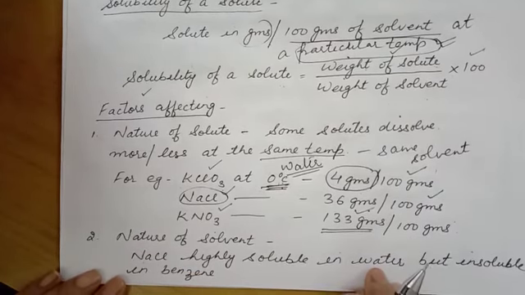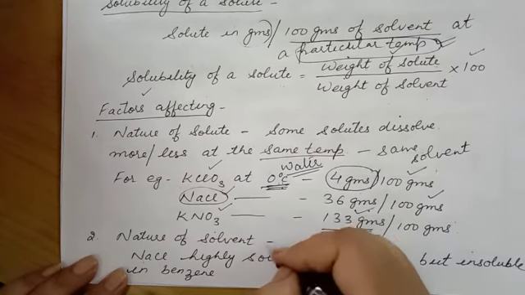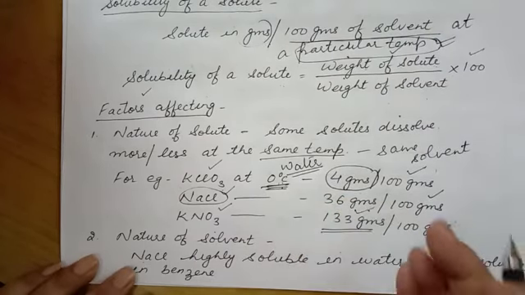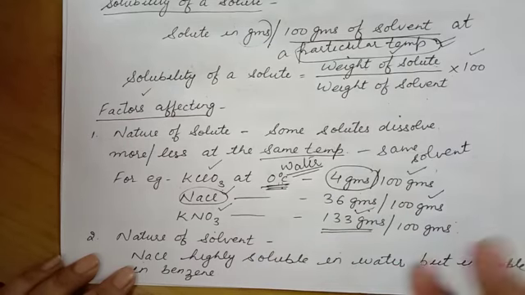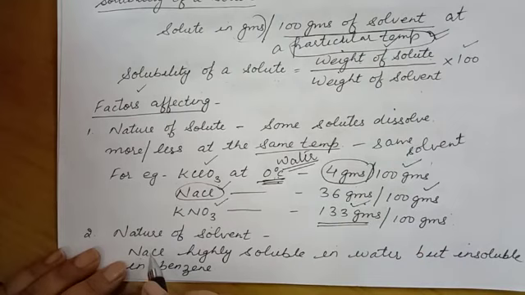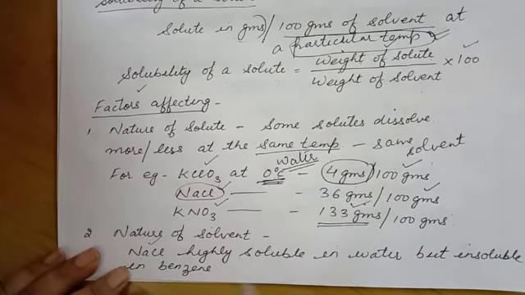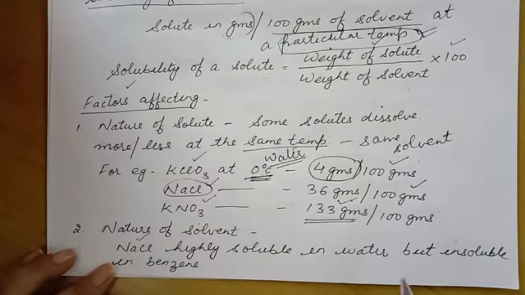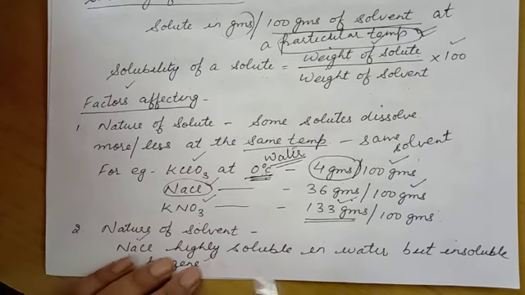The second factor is nature of solvent. Now, the solvent is always different for different solutes. For example, this sodium chloride NaCl is highly soluble in water, but it is insoluble in benzene. Same way, now this is about iodine.